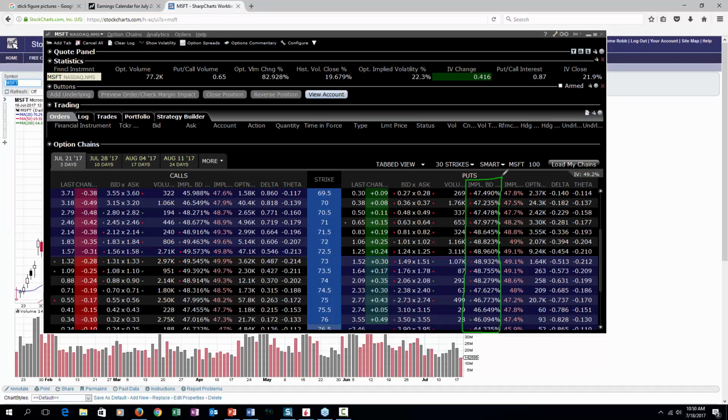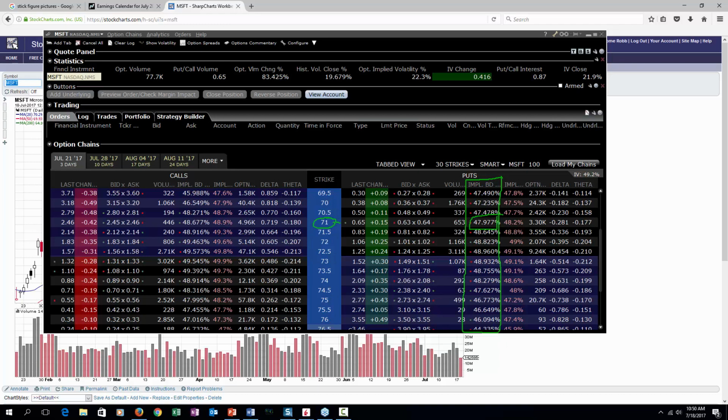Well, I could structure something where I'm targeting 71. Right now the stock's trading at 73 or whatever. I'm targeting 71, so maybe I'll trade a diagonal. I'm going to sell implied volatility that's at about 48%.